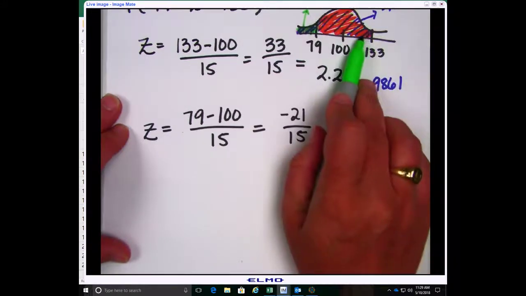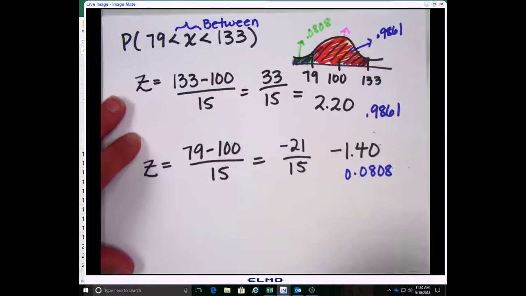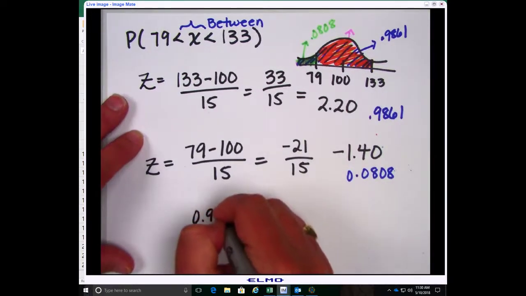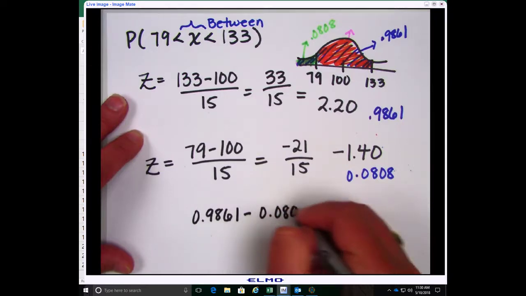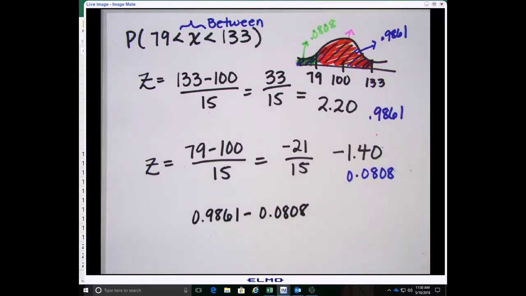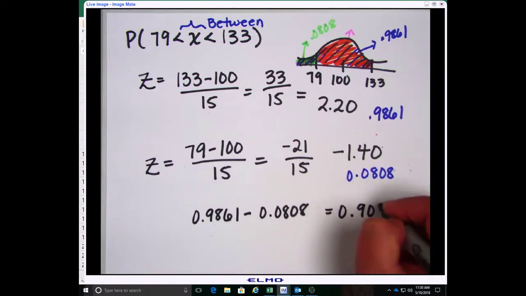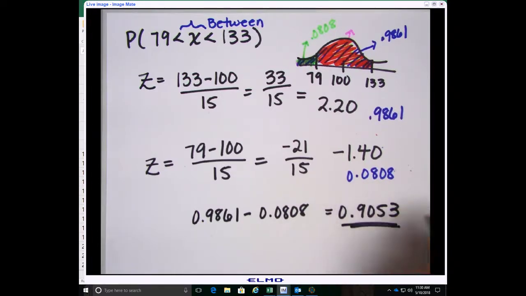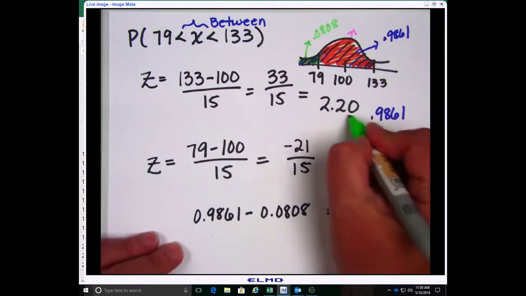So to get my original orange area, I need to take this minus this. And I would get 0.9053.